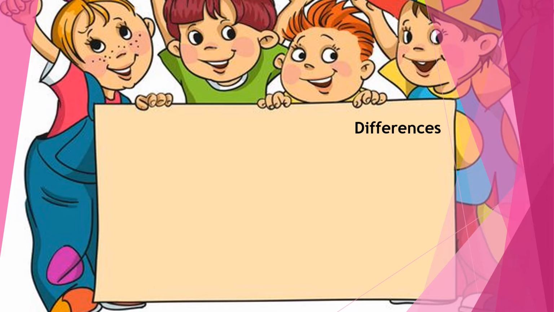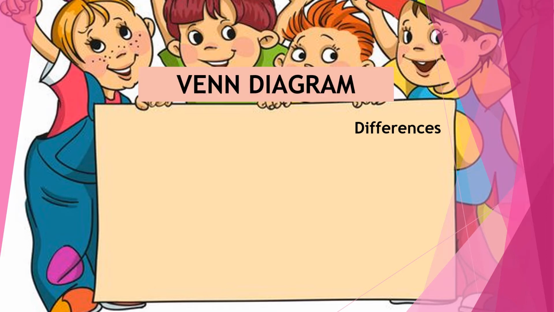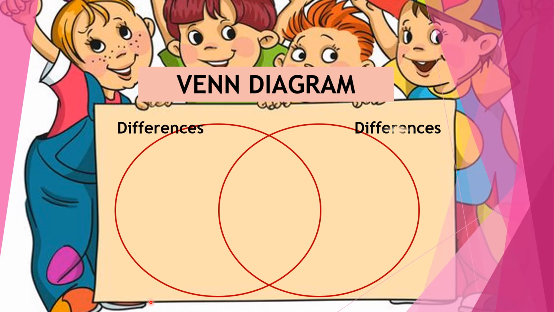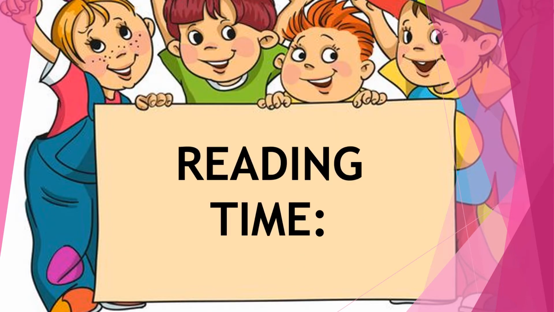Here's the Venn diagram, and here's another one. So, you write the differences here, and at the center, you will write the similarities. Okay, now it's reading time, right?